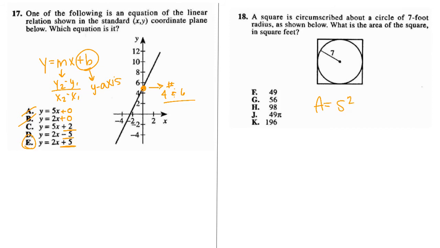And if my radius is 7, now they try to draw this to trick us, but this would also be a radius of 7. Well, look, that's the same length as the side. And if we continue that, 7 over here, so I know that entire side is 14. So 7 plus 7, 14. So the area is going to be 14 squared, and that's going to have to be answer choice K.